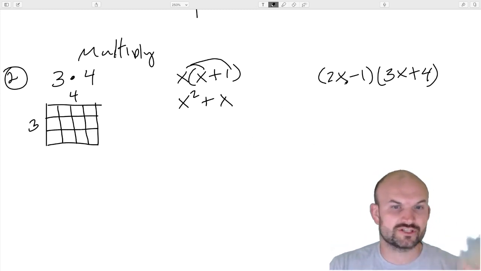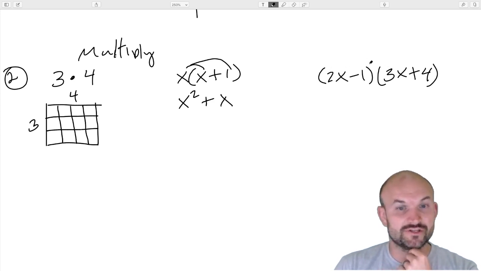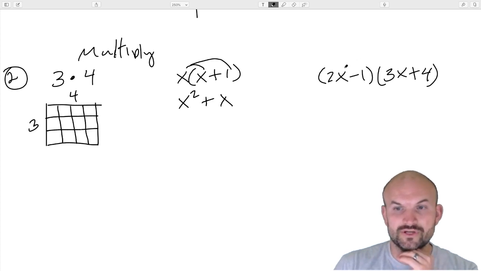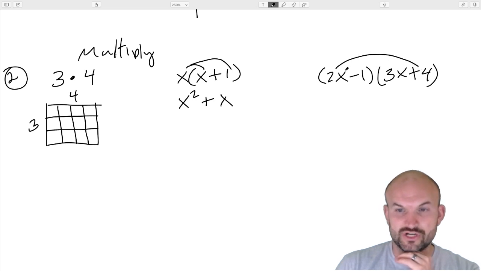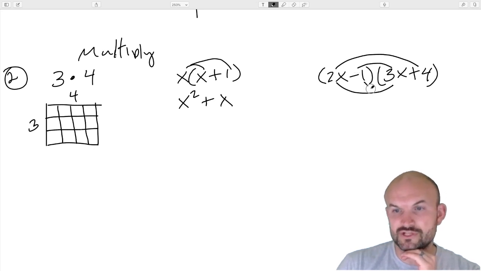So the first way is just knowing, I'm just going to go back to this parentheses way. Well, I know that if I need to apply the distributive property, you need to apply it for both. So that's what we're going to do. We're just going to multiply 2x times both of these terms. Okay. And then we can multiply the -1 times both of the terms.